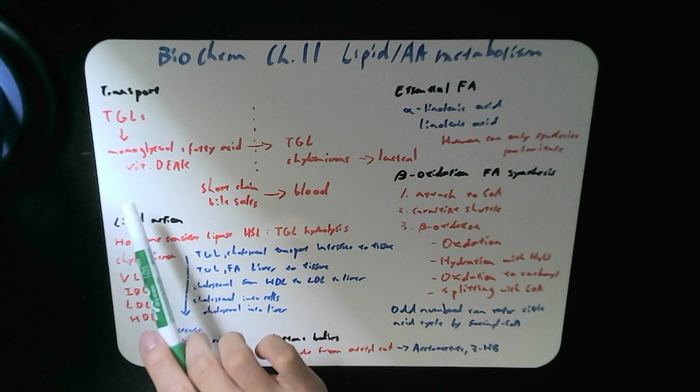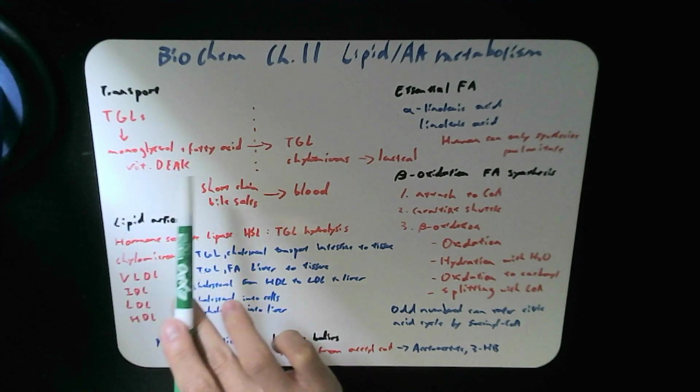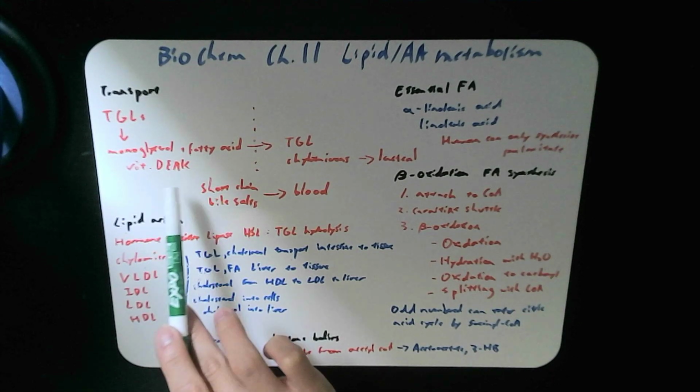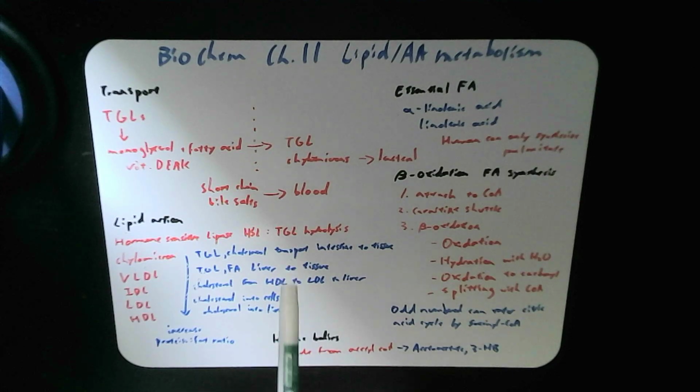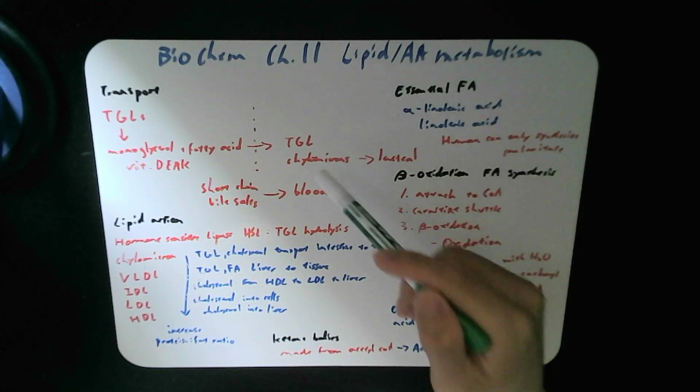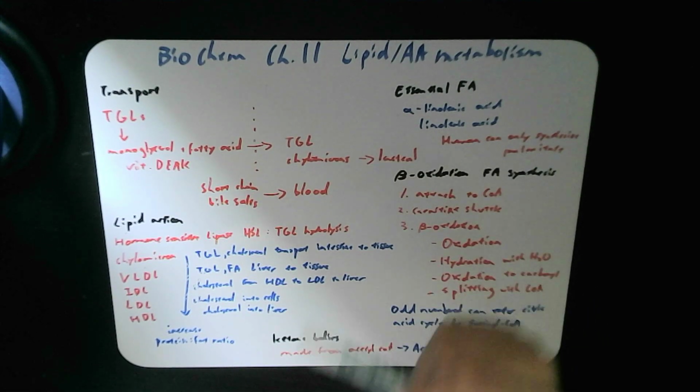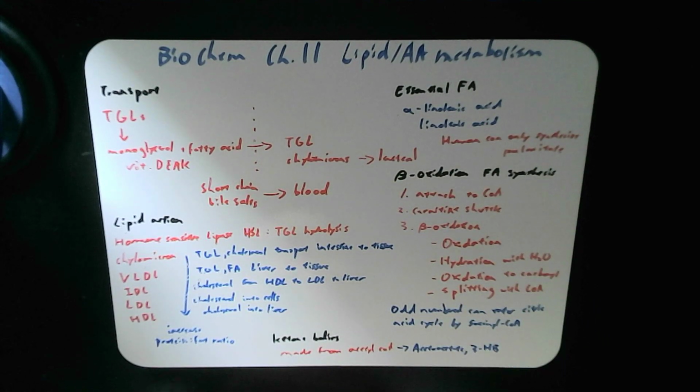So fat-soluble, huge molecules like monoglycerol and fatty acids and the vitamins D, E, A, K, the fat-soluble ones, have to pass through as chylomicrons. And then once they enter the lacteal, they can be turned back into triglycerols when they will be transported in different forms.